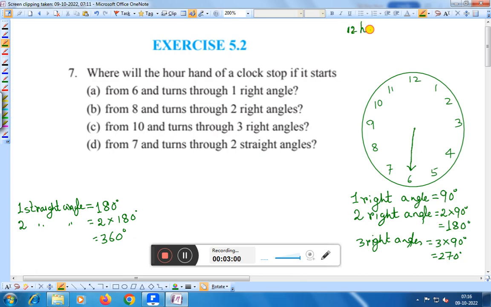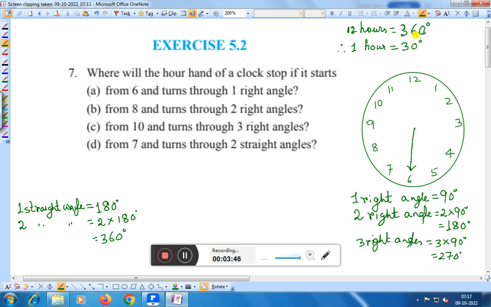Therefore, 1 hour is 360 by 12, that is 30 degree. 1 hour means 30 degree, right?